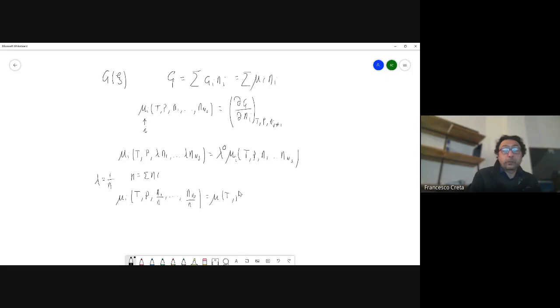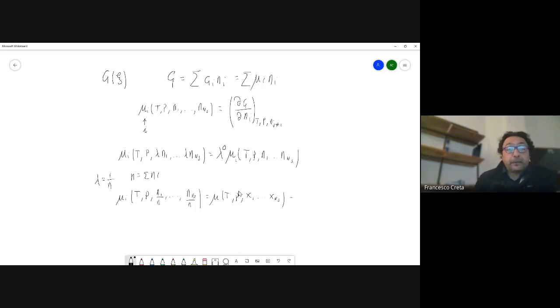And this is what we're going to do for the rest of the course. We're going to express it in terms of mole fractions and not of the extensive quantities.